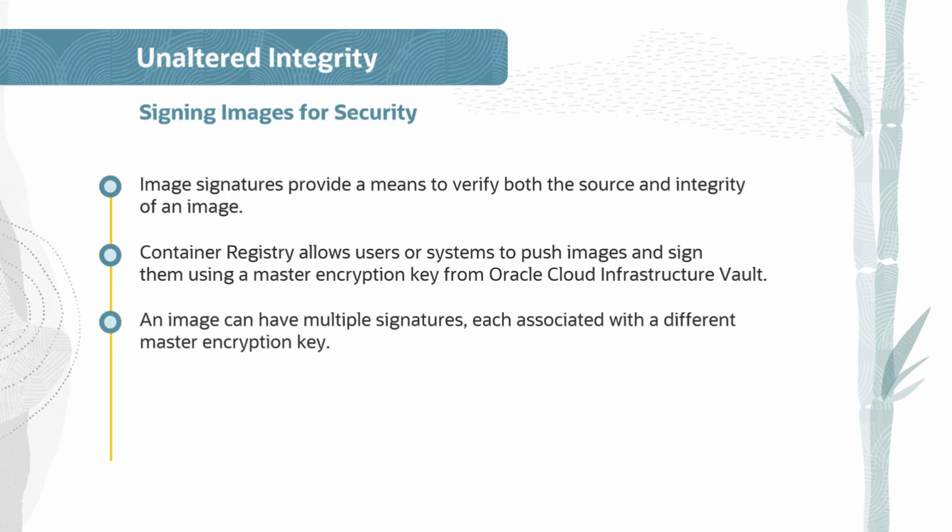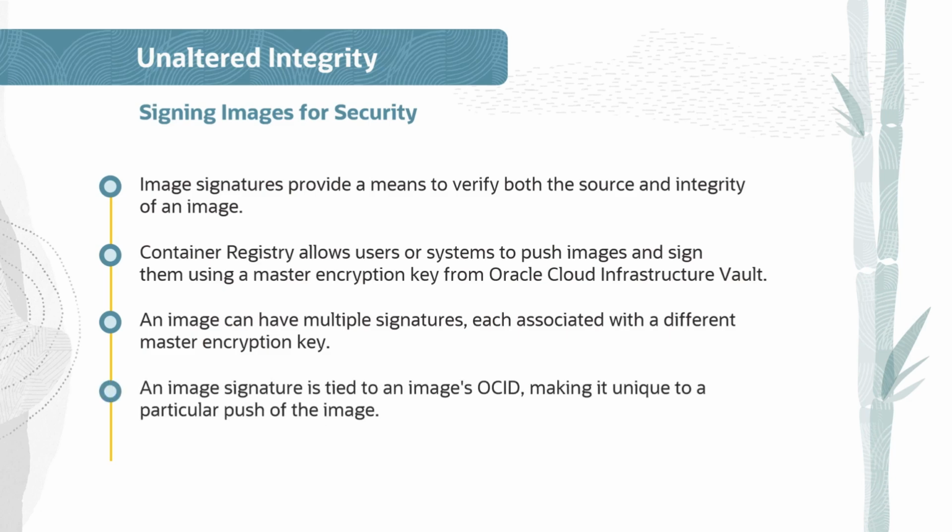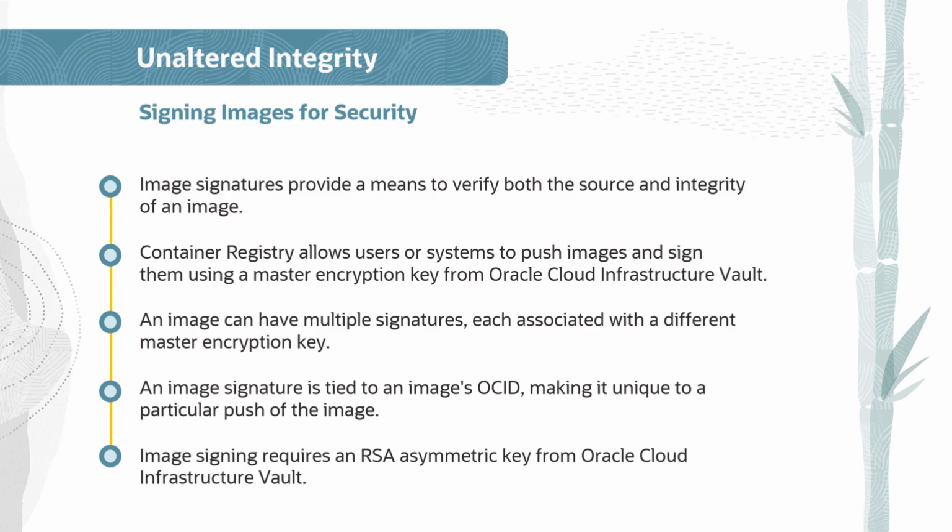It's worth noting that an image can have multiple signatures, each associated with a distinct master encryption key. These signatures are uniquely tied to an image OCID, providing granularity to the verification process. Furthermore, the process of image signing mandates the use of an RSA asymmetric key from the OCI Vault, ensuring a robust and secure validation of the image's unaltered integrity.